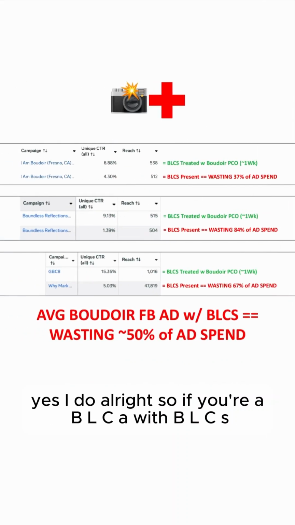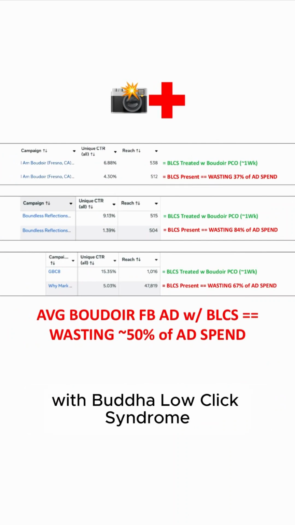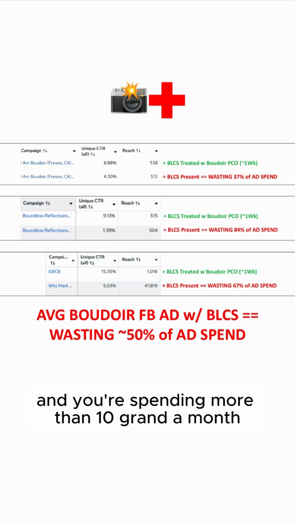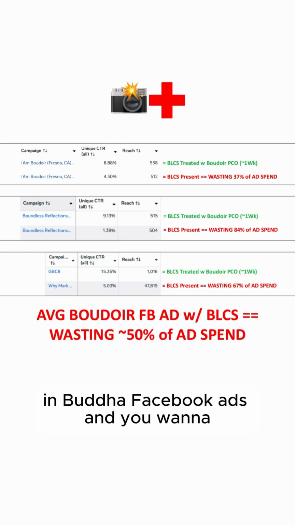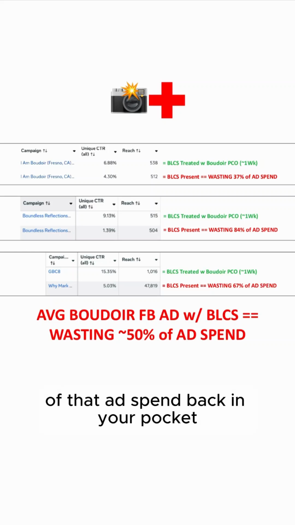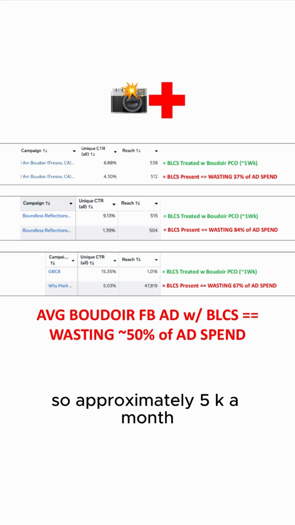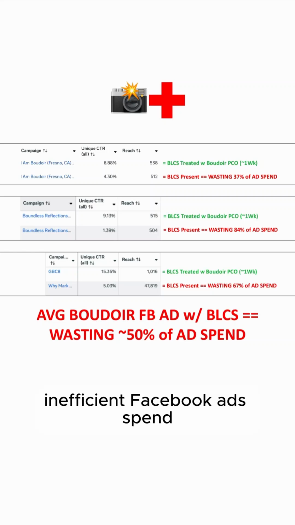So if you're a BLCA with BLCS, if you're a Boudoir low-click advertiser with Boudoir low-click syndrome, and you're spending more than 10 grand a month in Boudoir Facebook ads, and you want to save approximately 50% of that ad spend back in your pockets, approximately 5K a month or 60K over the next 12 months, and you want to pull that profit out of the inefficient Facebook ad spend because you've already pulled it out for some other parts of the business.